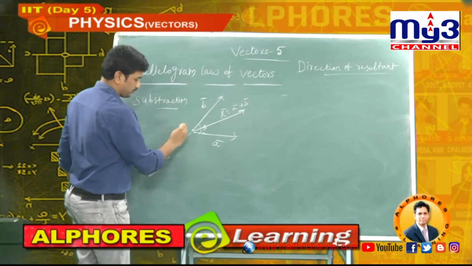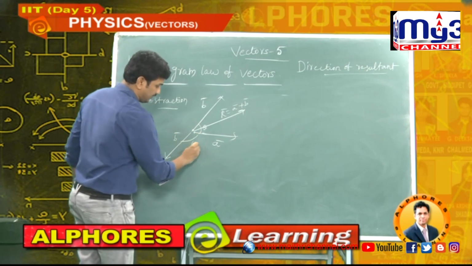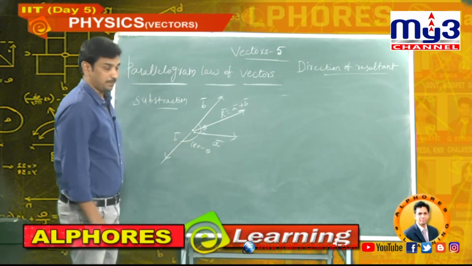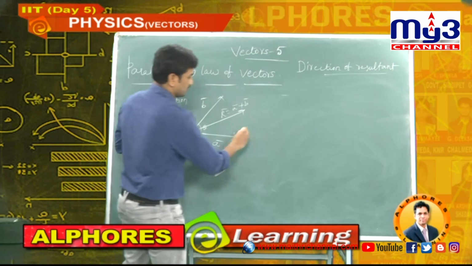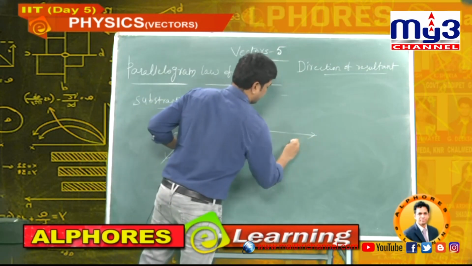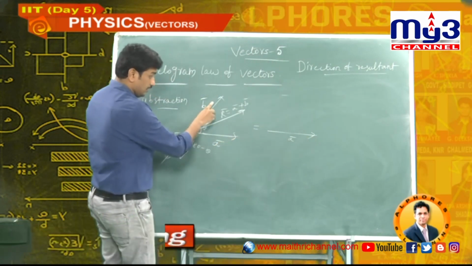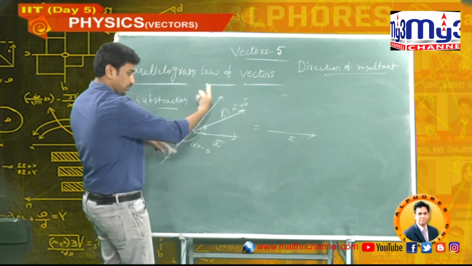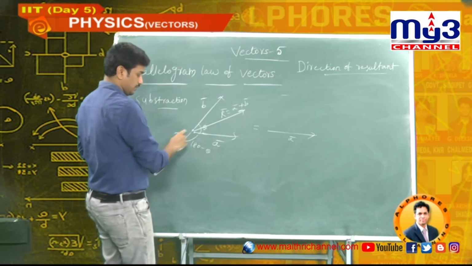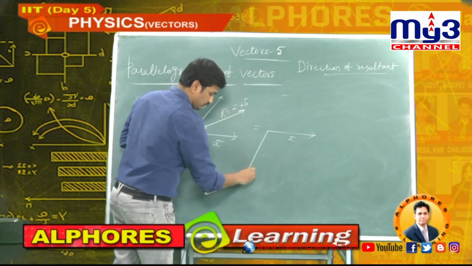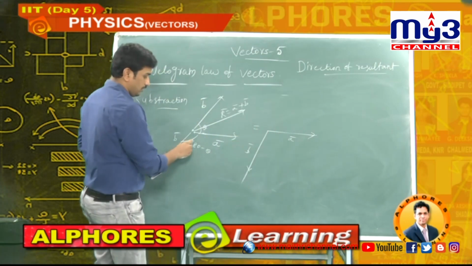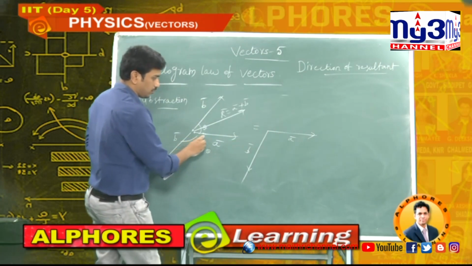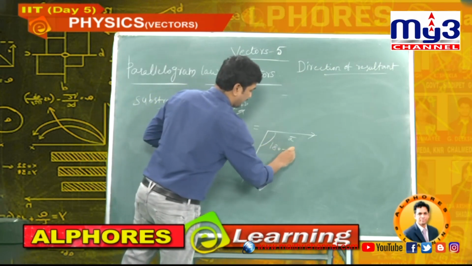It's a B bar. Now what is the angle? 180 minus theta. Here I will show A bar, B bar. Now I turn it back, a negative vector. What is the angle between A bar and B bar now? 180 minus theta.